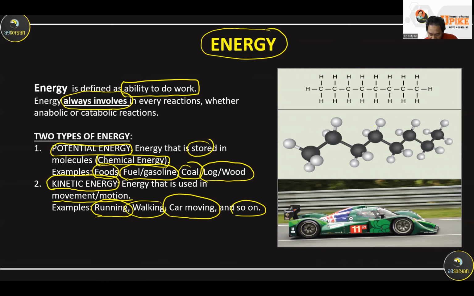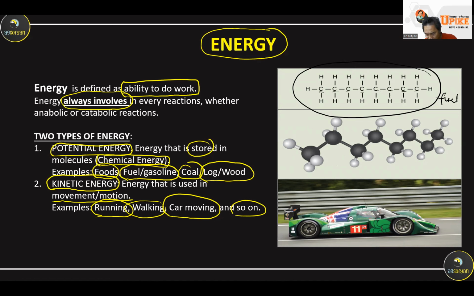Look at this picture over here. So look at this. This is actually chemicals, right? This is chemical. A lot of carbons with hydrogens. So this is actually gasoline, the fuel. So fuel contains a lot of carbon, and carbon can store a lot of energy. So this is the formula.